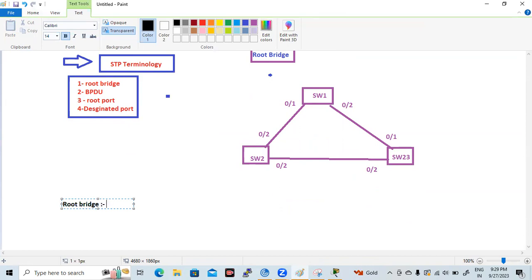Root bridge: a switch that has the best, meaning lowest, bridge ID becomes a root bridge.